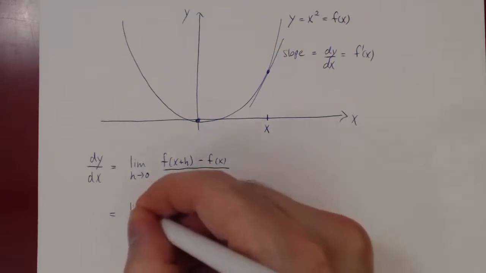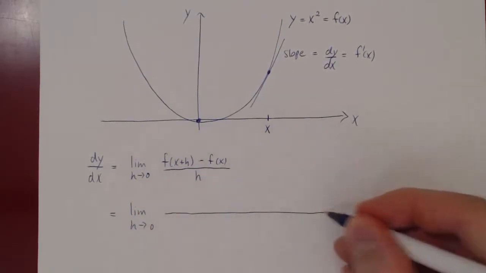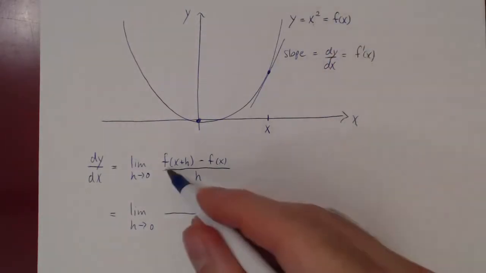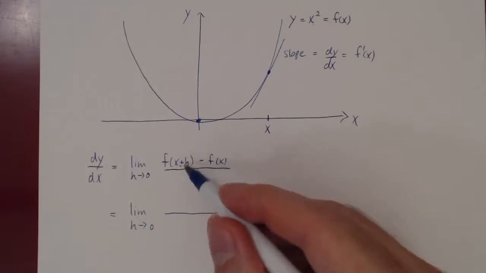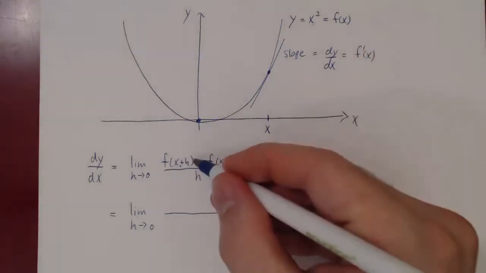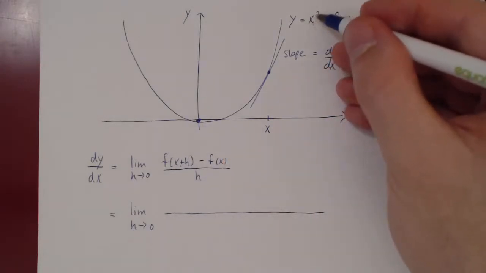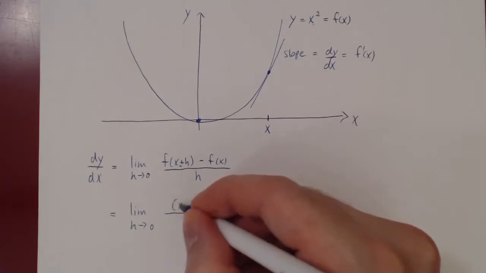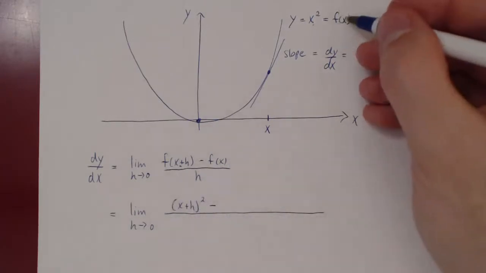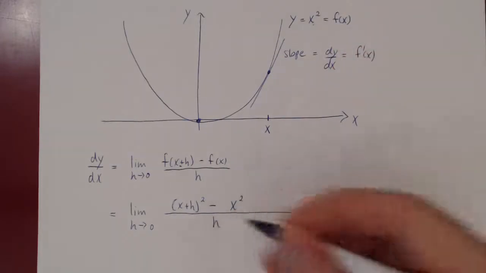The limit as h approaches 0 of, okay, well, f of x is equal to x squared. If you want f of x plus h, well, we are replacing x by x plus h. So if you replace x in here by x plus h, you get x plus h squared minus f of x, which is simply x squared, divided by h.